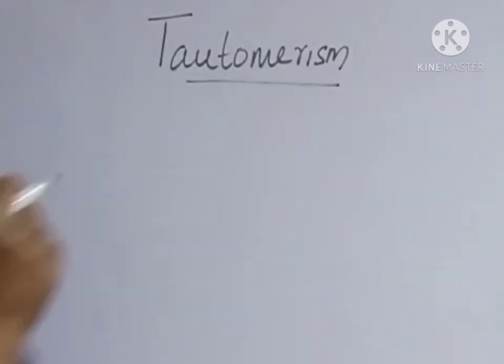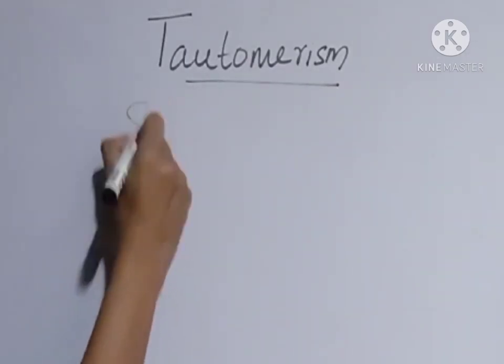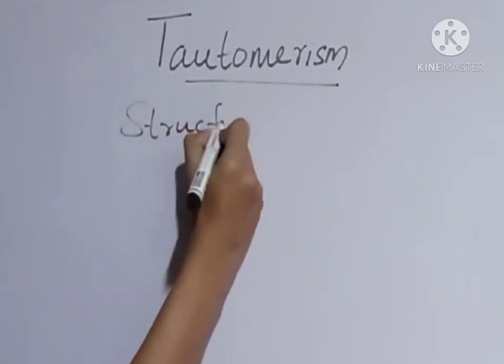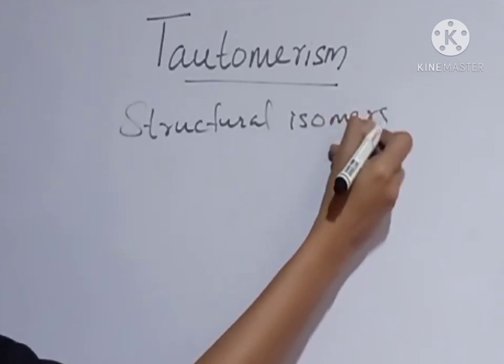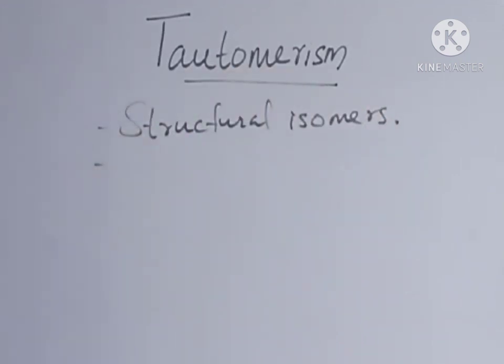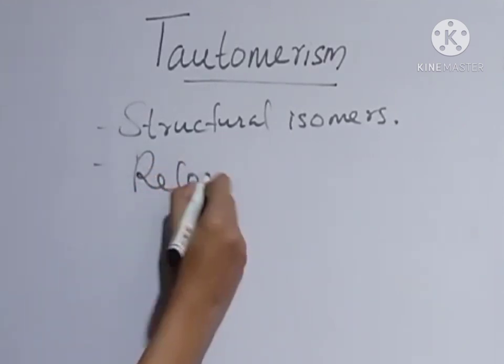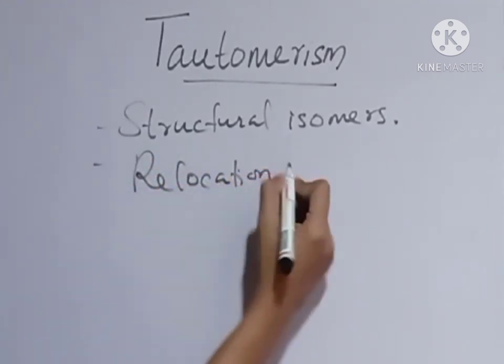Tautomerism. Tautomers are structural isomers. These are structural isomers. Usually, they are formed by the relocation of a hydrogen atom.